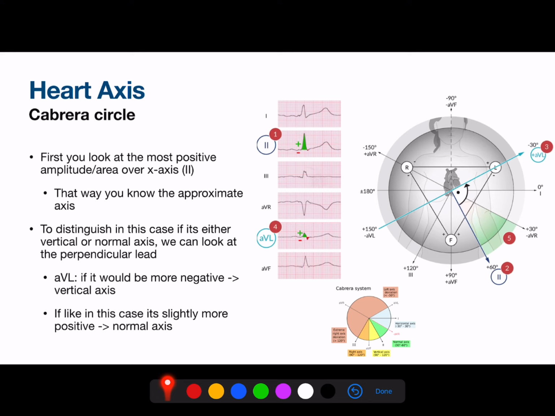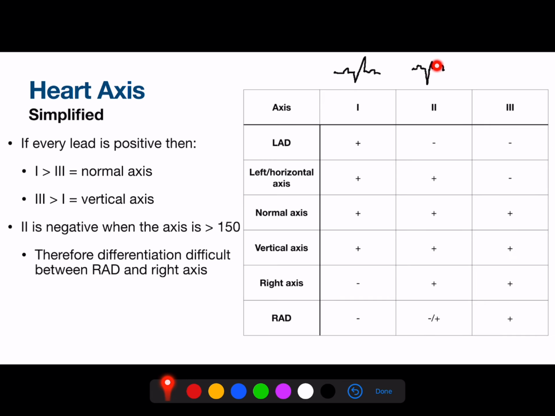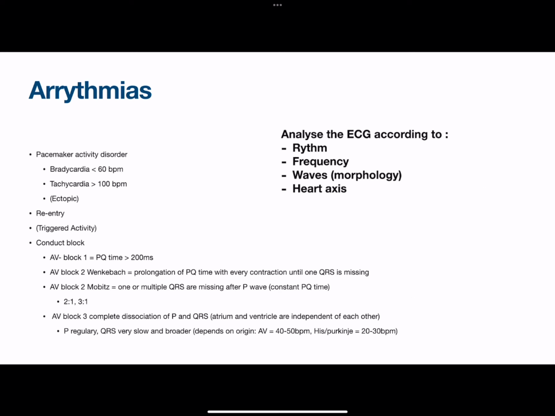As you can see here, the right axis deviation starts at degrees higher than 120, and you can only see the completely negative QRS when the heart axis is above 150. So this table is not that good in differentiation to find out the right axis deviation. So we can talk about arrhythmias now.